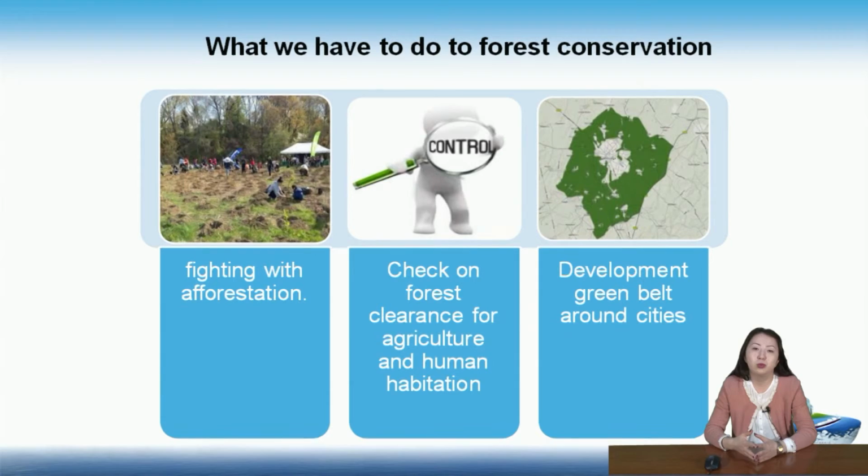Fourth, fighting with afforestation, and fifth, check on the forest clearance for agriculture and human habitats, and sixth, development of green belts around cities.